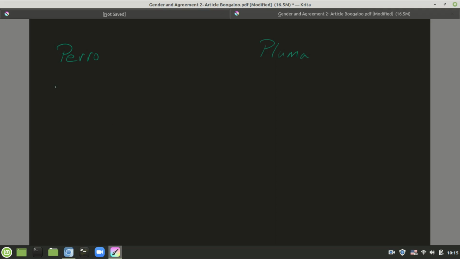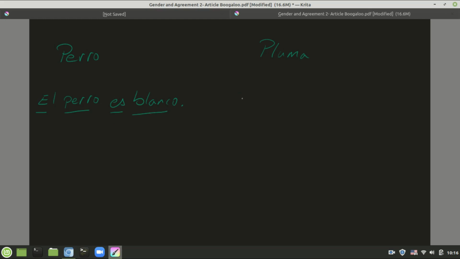If we're looking at perro and it is singular, and we want to put a definite article with it, we're going to say el perro. Right now that just says the dog. Let's turn that into a sentence and say el perro es blanco. What that says is the dog is white.